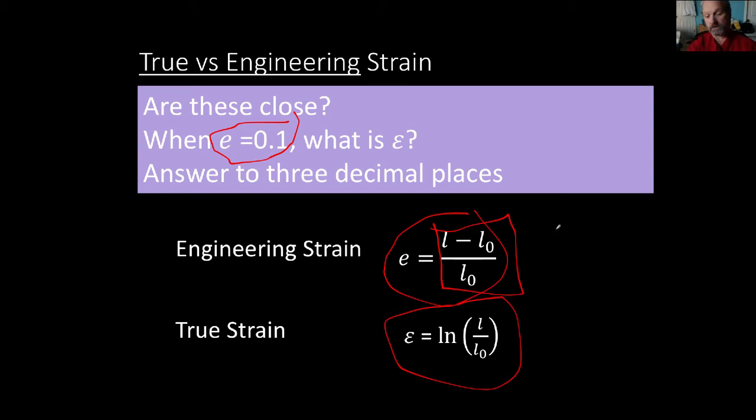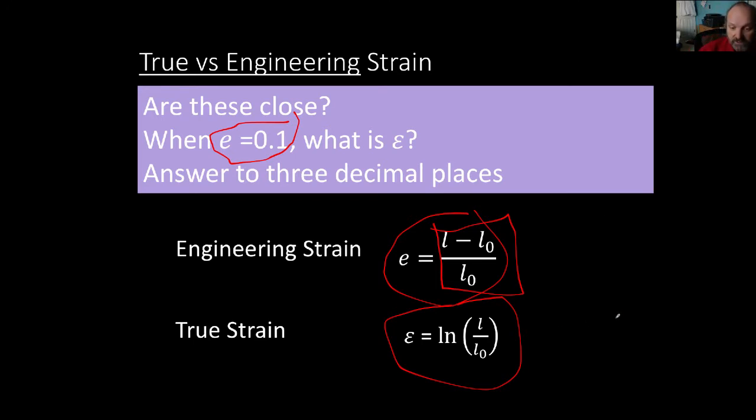Let's say you use 1 as L naught. So if you stretch it by 10% to 1.1 times L naught and divide by 1, you're going to get 0.1.